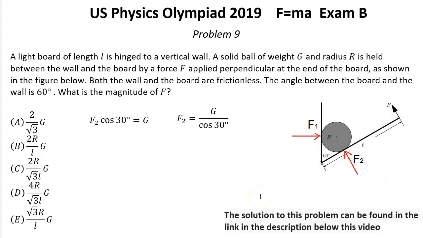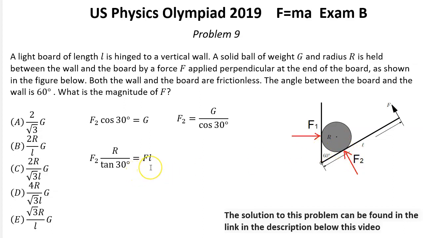We can write the static equation for torque on this board around this pivot. That will be F2 multiplied by radius R over tangent 30 degrees. That's the torque from force F2 acting from the ball on this board.